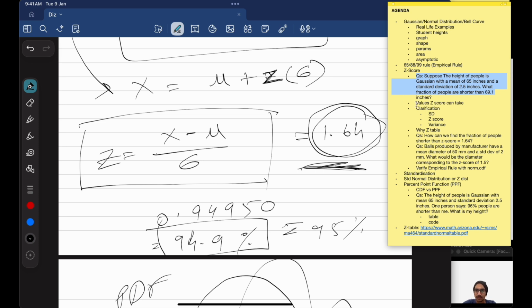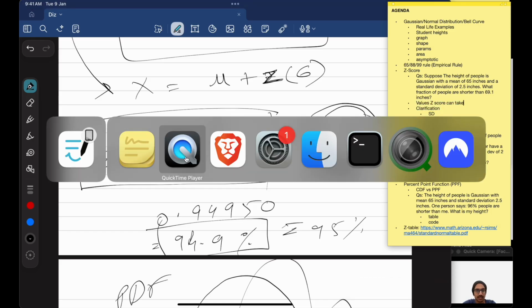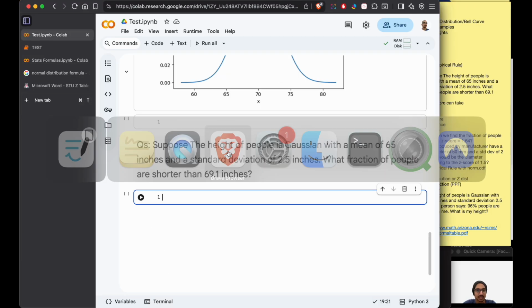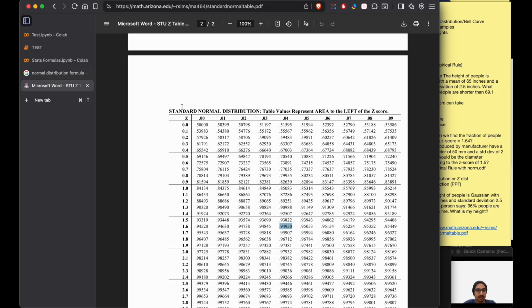Yeah, so we already checked, right? The z-score can take positive values, negative values, and the neutral, which is 0. So if z-score is 0, then it's exactly at the mean value. If it is positive, that means it's on the right side of the mean, and if it is negative, it's on the left side of the mean.